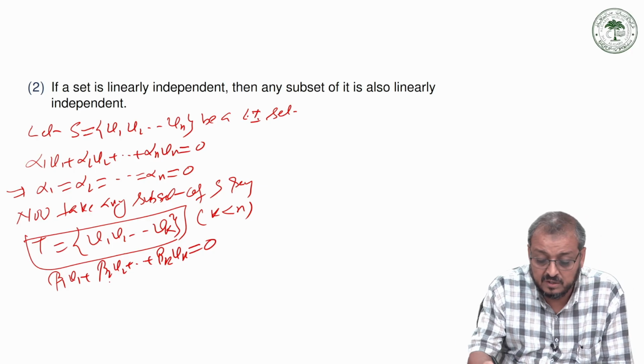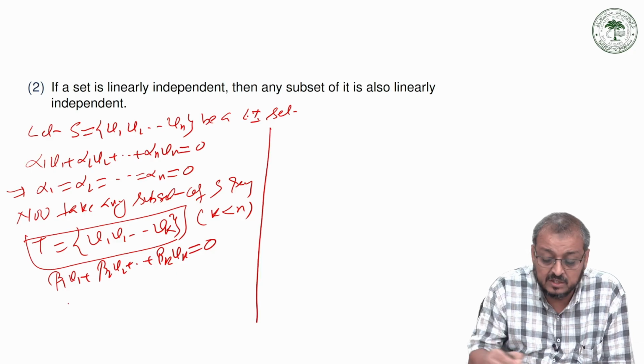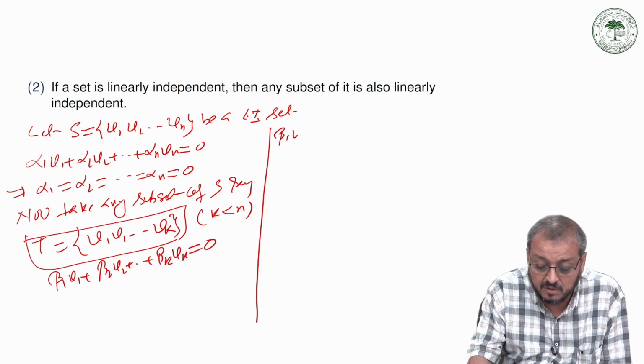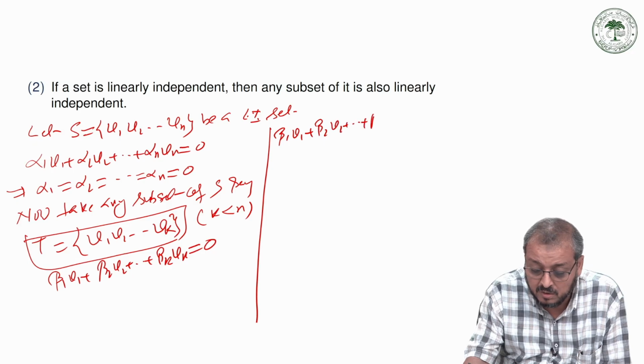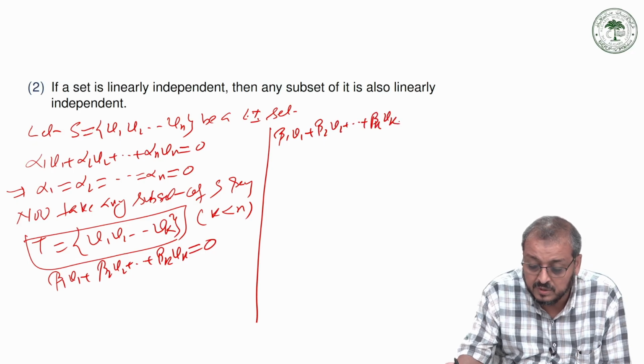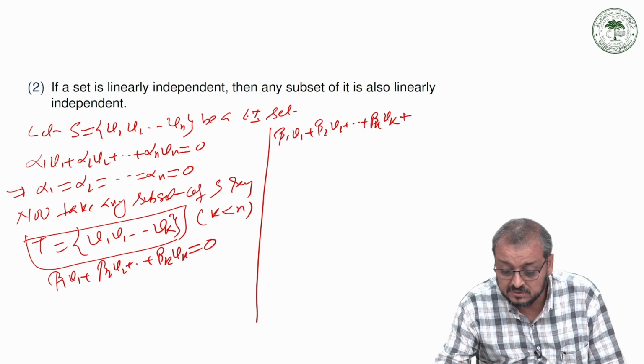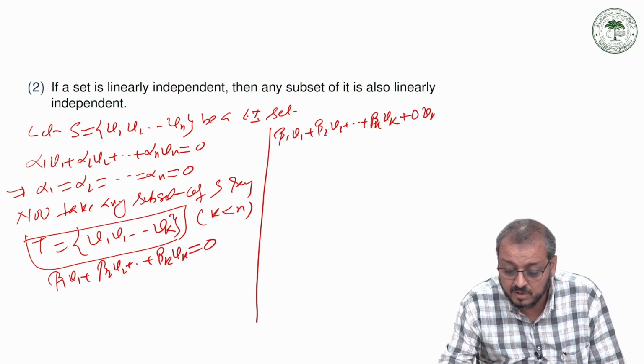Now this can be written as beta 1 v1 plus beta 2 v2 plus so on, plus beta k vk, plus 0 into v of k plus 1, and so on, plus 0 into vn.